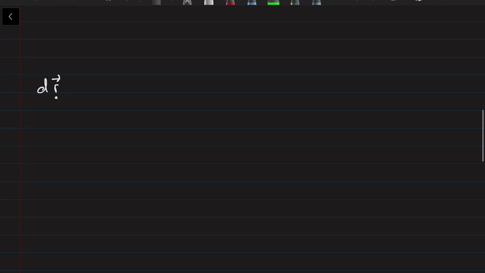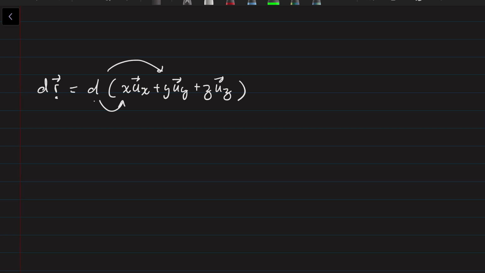We have d of (x ux + y uy + z uz). The next thing I'm going to do is distribute this differential to the terms in my sum, because the differential of a sum is the sum of the differentials.